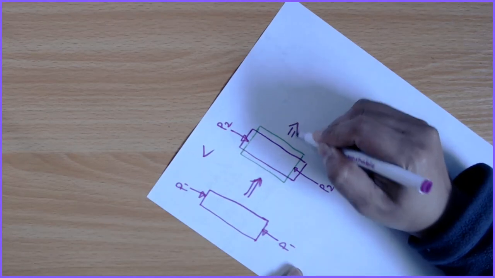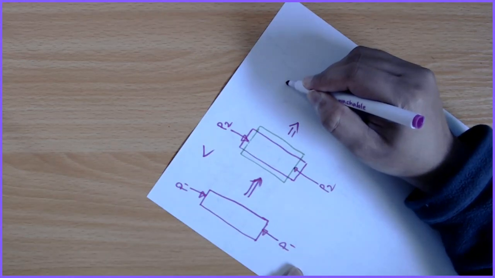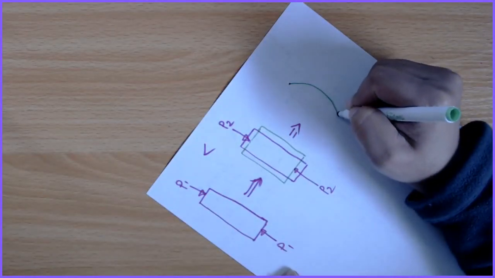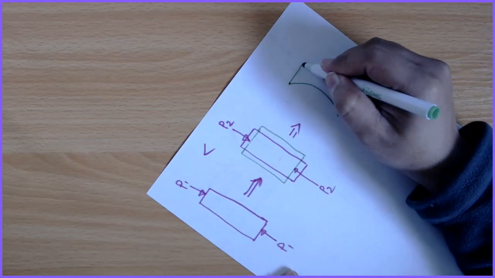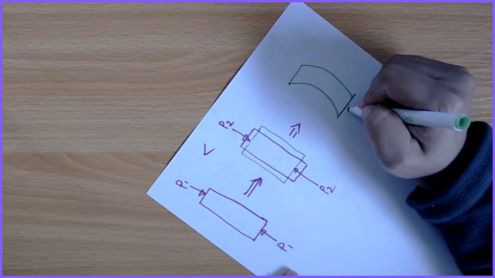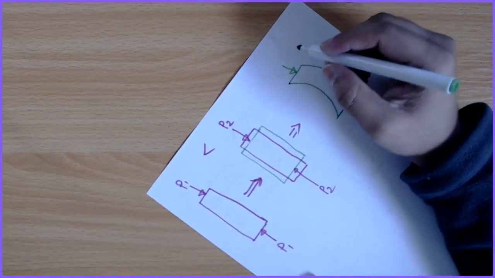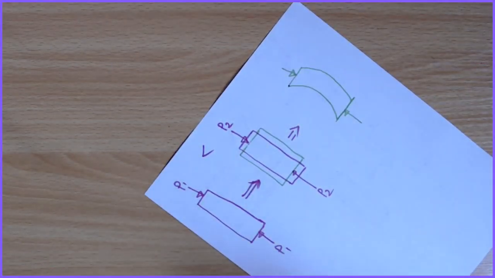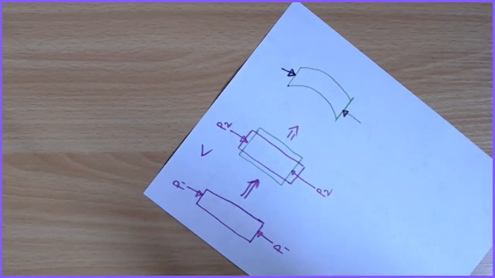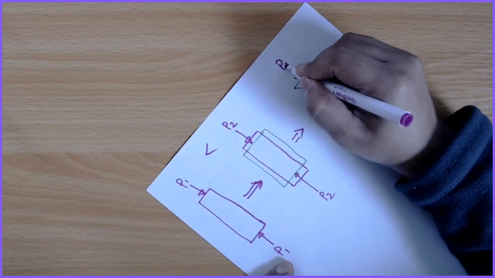Now if we increase the load further, at a certain point you'll see that your column starts to bend, and the load at which your column starts to bend is known as P critical.